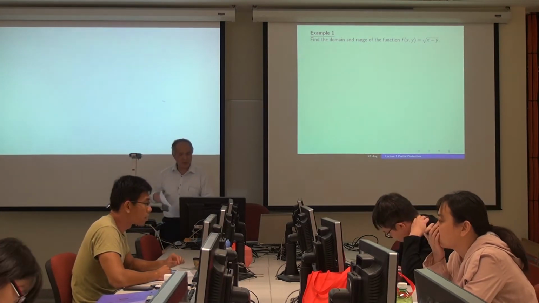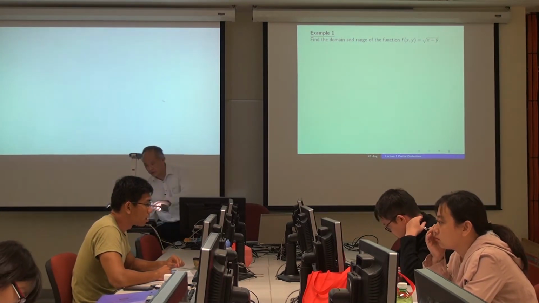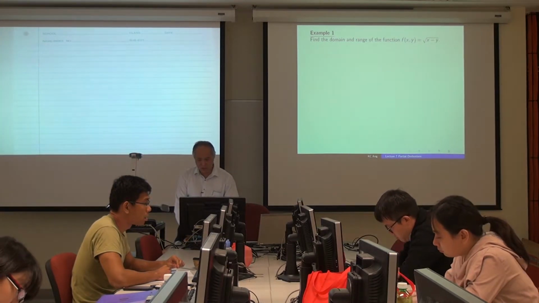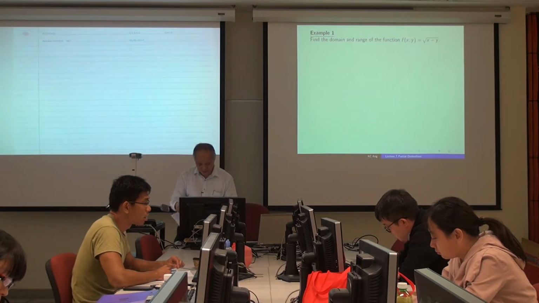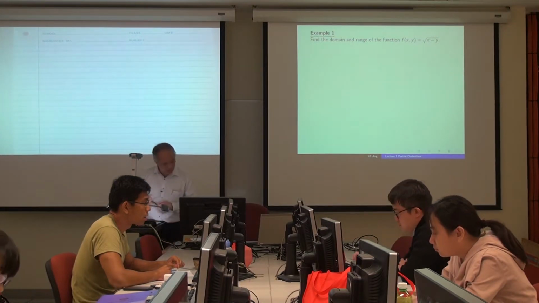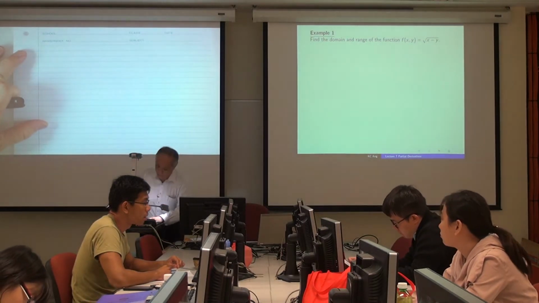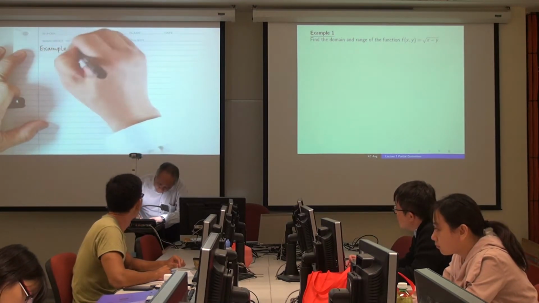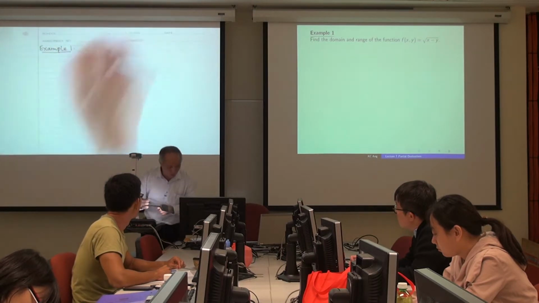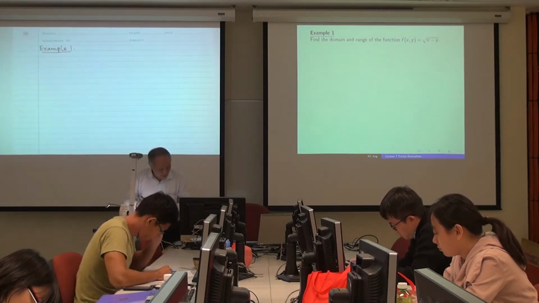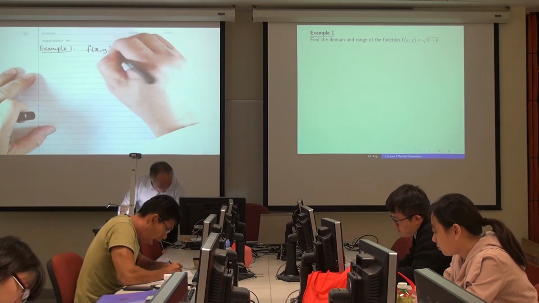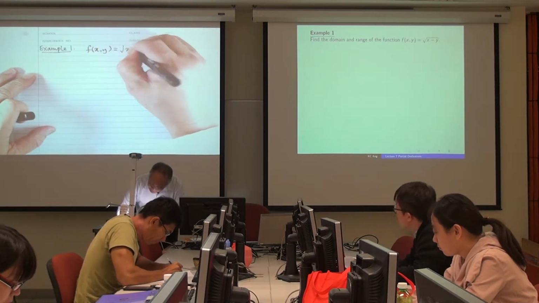Okay, so look at example 1. You're asked to find the domain and range of this function, which is given as f(x,y) equals the square root of x minus y.